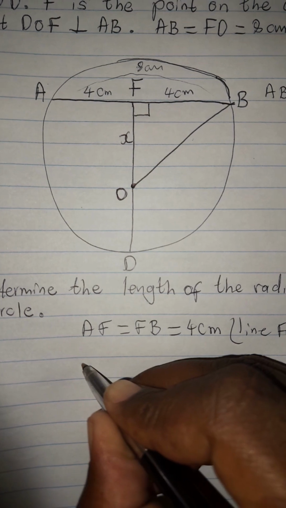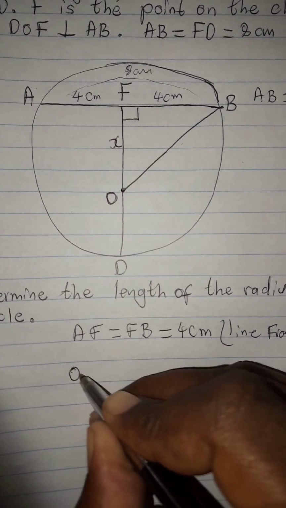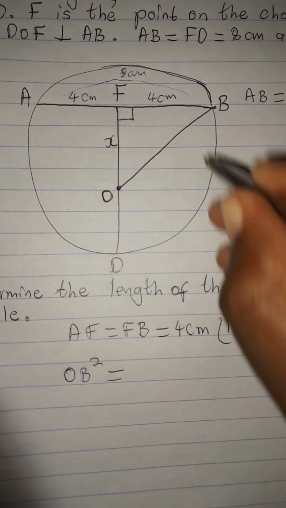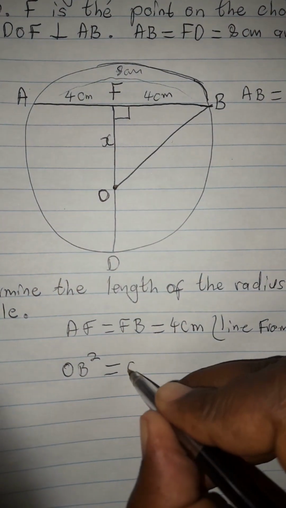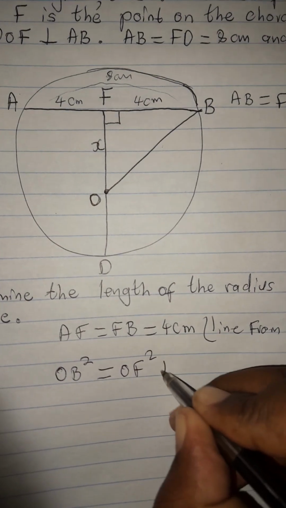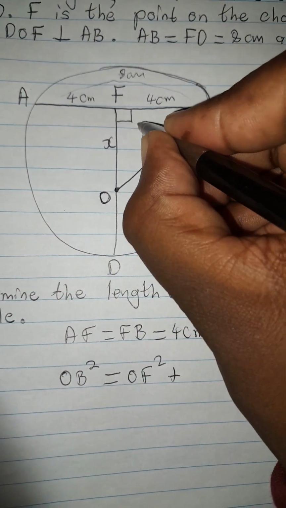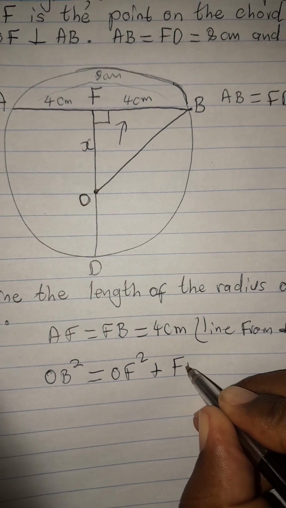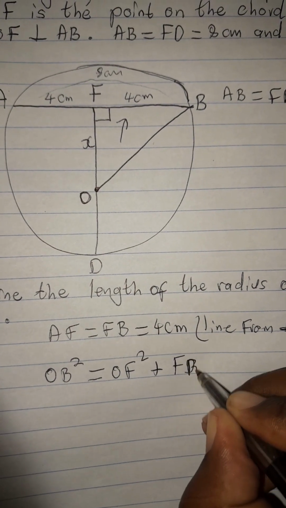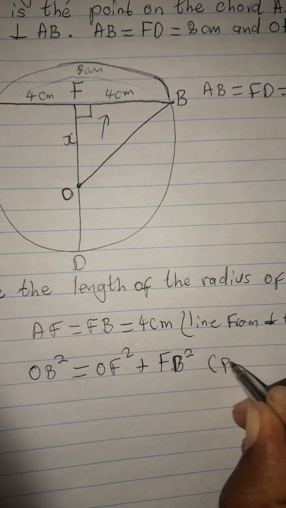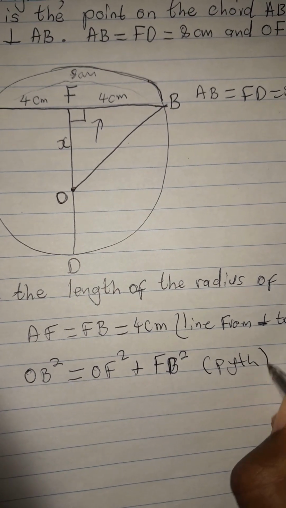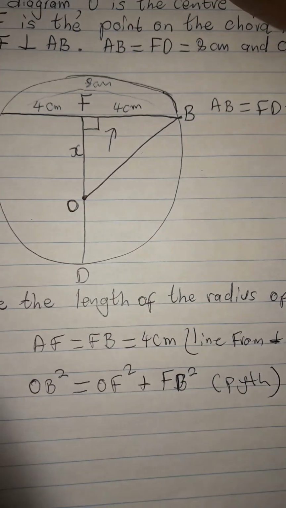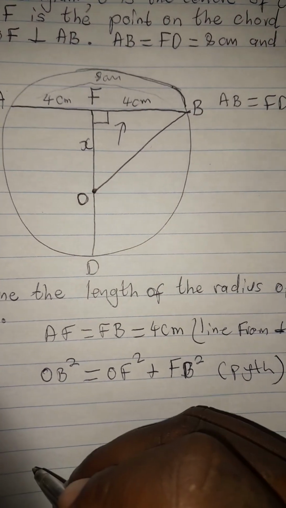OB, since it's the hypotenuse, OB squared is equal to OF squared plus FB squared.